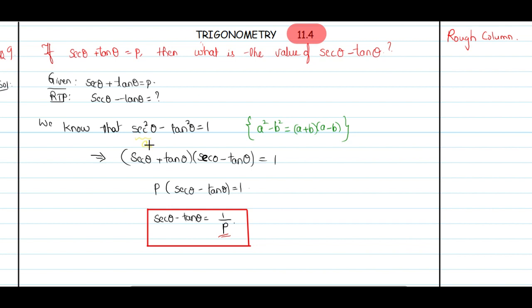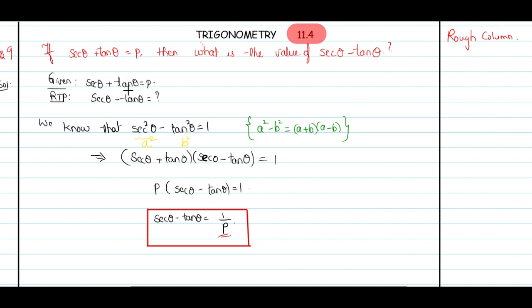This is a square, meaning secant square theta, minus b square is tan square theta. So, b will be tan. So, it is in the form of a square minus b square, and it can be written as (a plus b) into (a minus b). So, we can write this secant square theta minus tan square theta as (secant theta plus tan theta), that is a plus b, into (secant theta minus tan theta), a minus b, that is equal to 1.